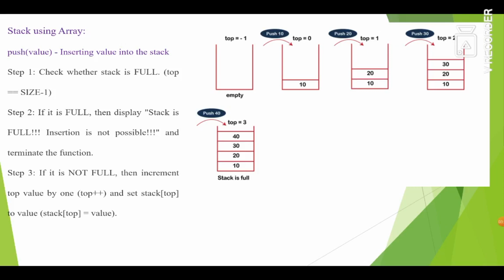Okay. So that's why I am checking whether top is equal to size minus 1 or not. If the condition is satisfied, it implies that it is a full stack. We cannot insert the element. Insertion is not possible. You have to give a message and you can quit from the function.